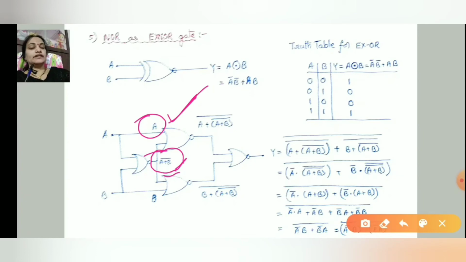Again, we will get the output as the whole complement of the addition of 2 inputs. What are the inputs? A plus B whole complement, and A. Okay.